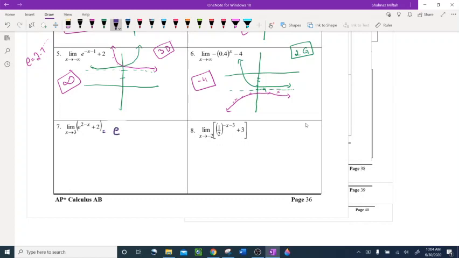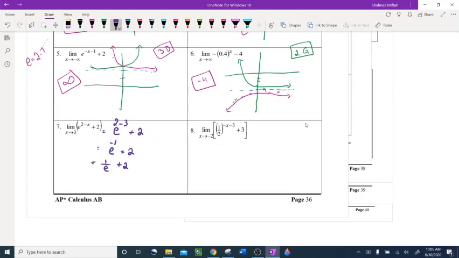Plug in e to the 2 minus 3. For every x I plug in, 3 plus 2. This is going to give me e to the negative 1, plus 2. Now I can change that to 1 over e, because a negative exponent is not acceptable, plus 2.